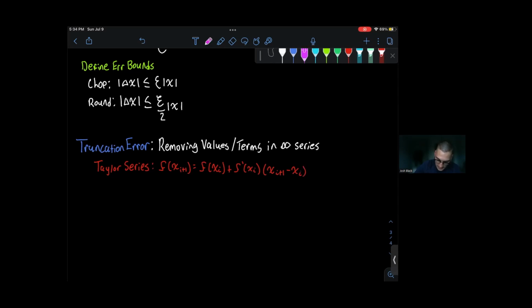And for simplicity, we're going to keep on calling this, from here on out, h, our step size.